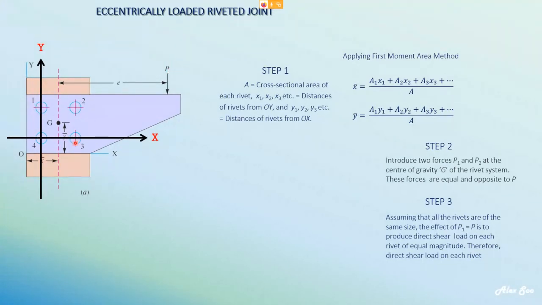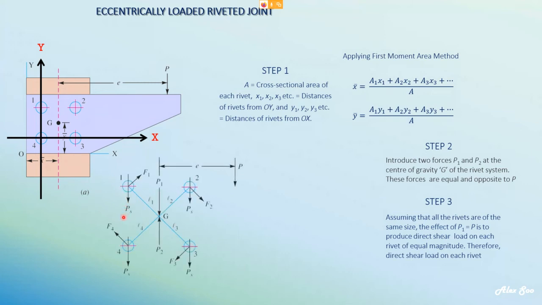In this case, you have 4 rivets, so you divide this by 4. So each force acting at each rivet vertically downwards should be 10 kilonewton, 10 kilonewton, 10 kilonewton, and 10 kilonewton. That's step 3. On the diagram, you must draw those vertical arrows like this. So you have P1, P2, P3.